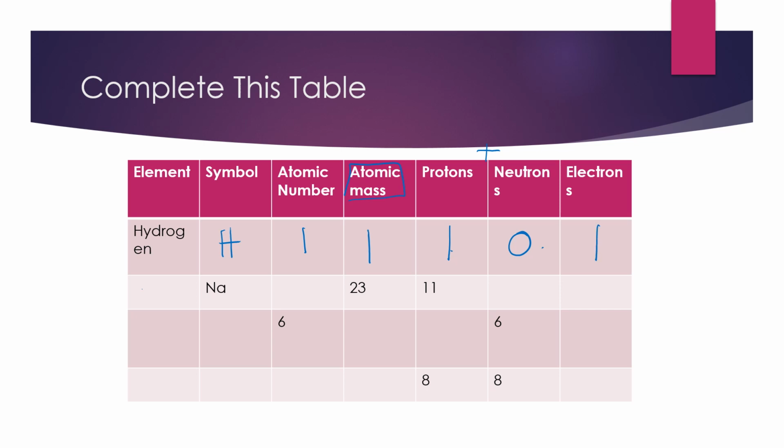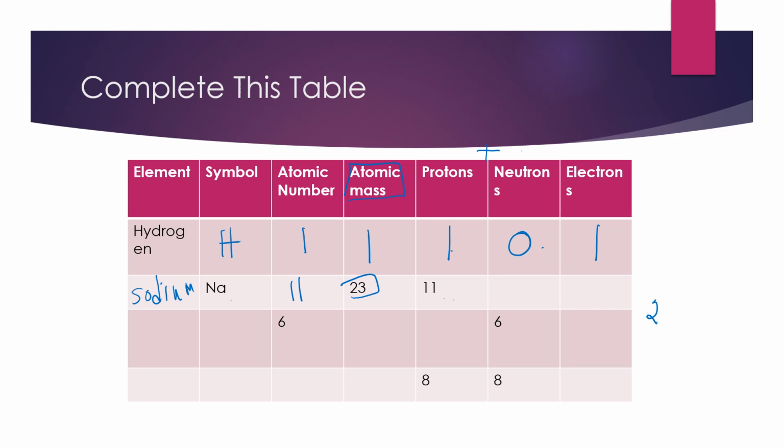This is sodium. So its symbol is Na. It has 11 protons, so its atomic number is the same as the number of protons. Its mass is 23, so that means it has how many neutrons? Because you add protons and neutrons to get mass.